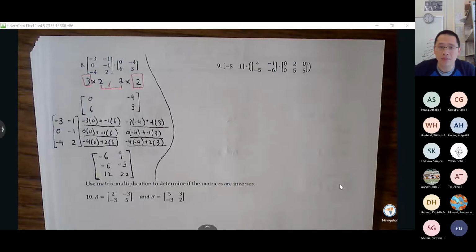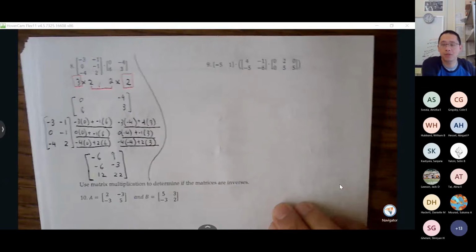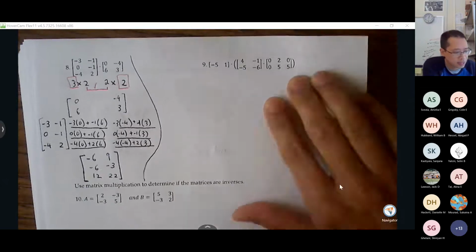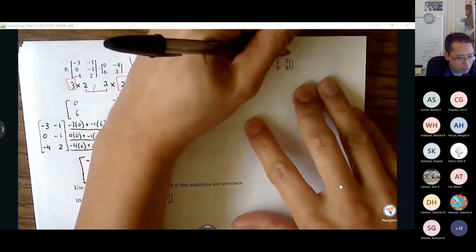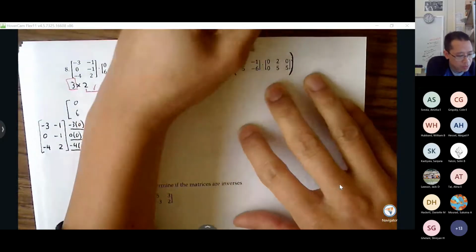Okay, number 9 is a bit of a longer problem because we have 2 sets of multiplications going on. But you see there's a set of parentheses here which tells us that we're going to have to resolve this first. Okay, so we're going to multiply this first.